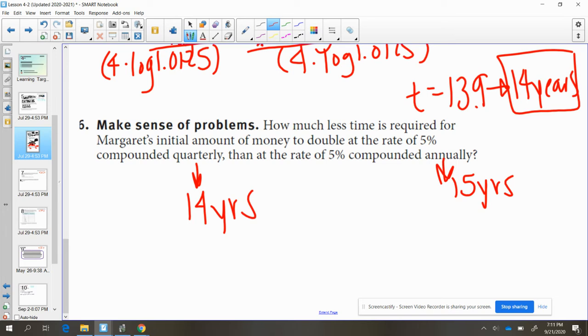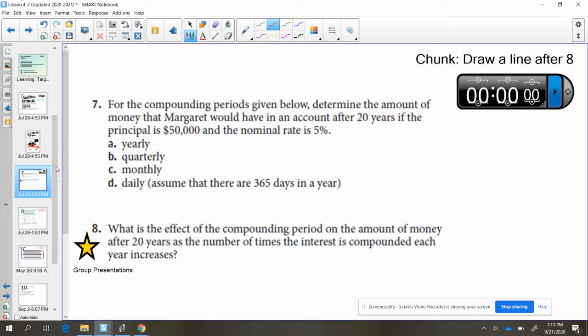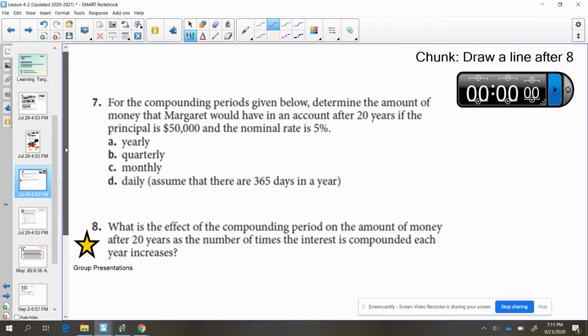Now, if we keep calculating these values, if we start calculating the yearly rate, we actually did this before. So if we check this out, so 50,000, and we're looking at the 0.05.